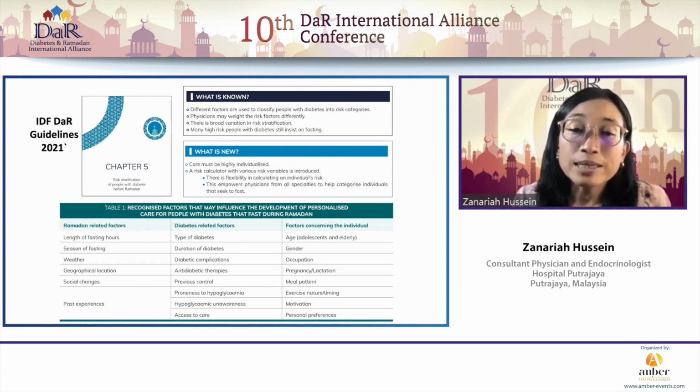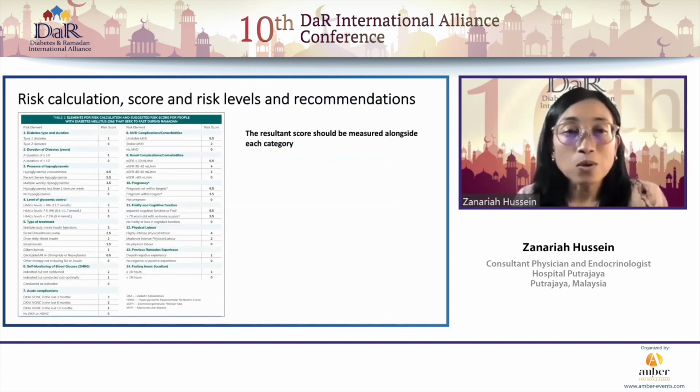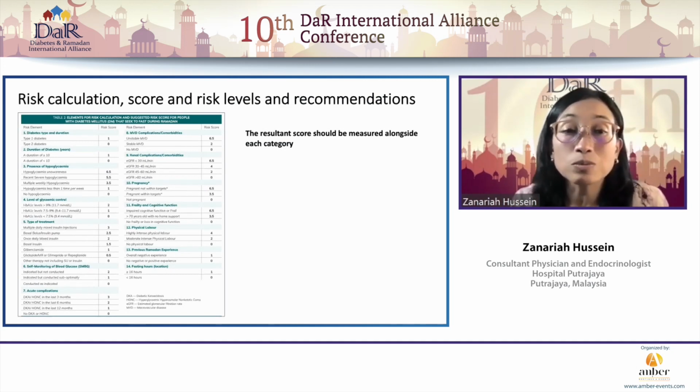So we are familiar with the fact that there are different factors that need to be taken into consideration when deciding the risk, as already mentioned in the previous talk. You have also seen that these are the 14 elements that make up the risk calculation, and within each domain, depending on what the patient has, a score is put on it.